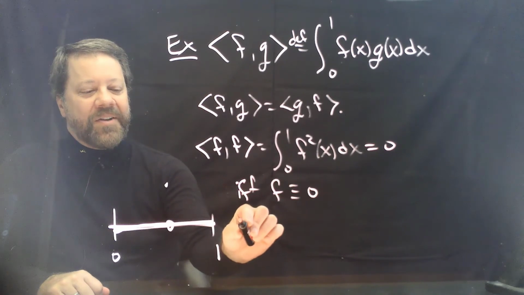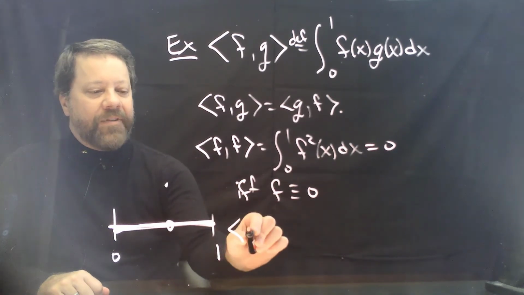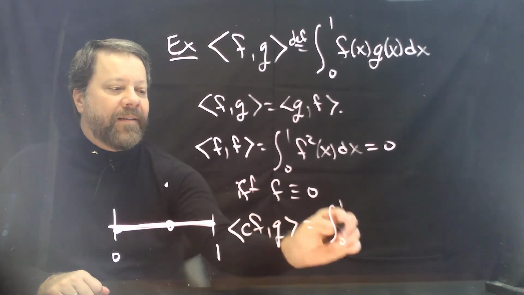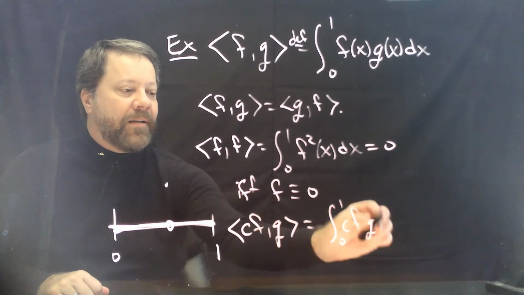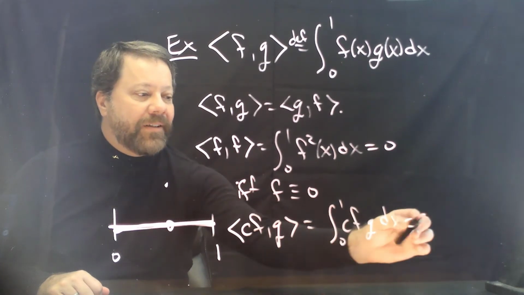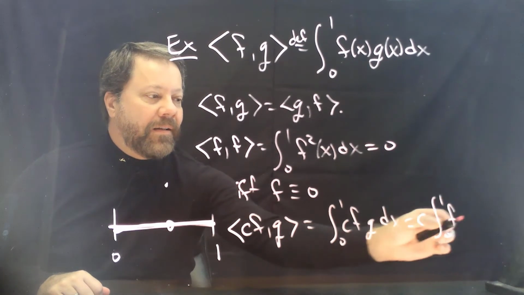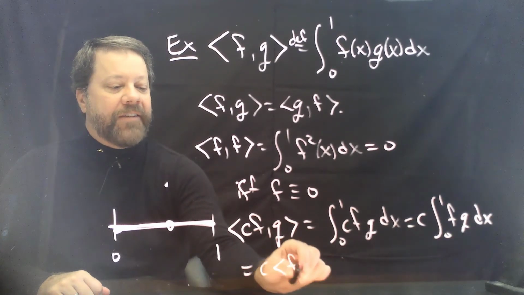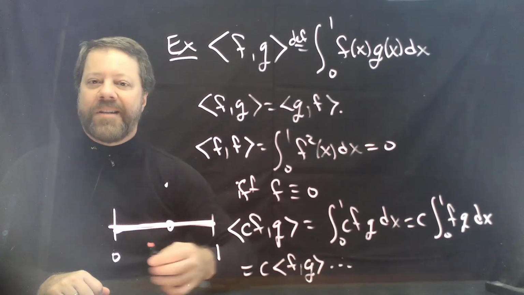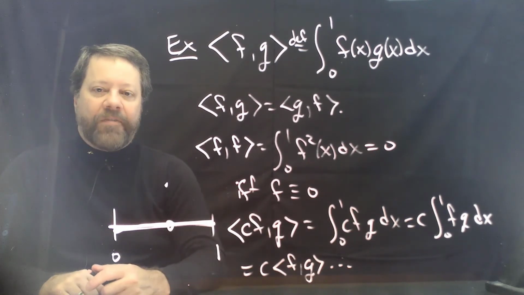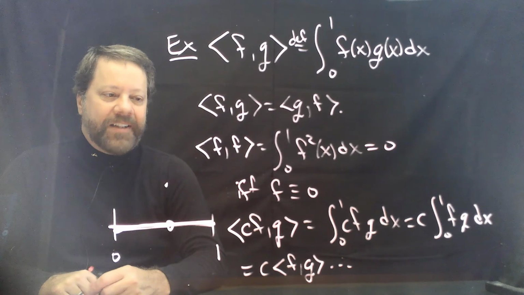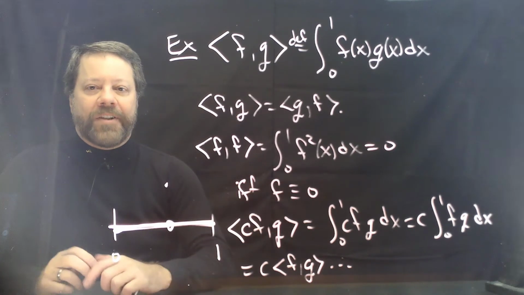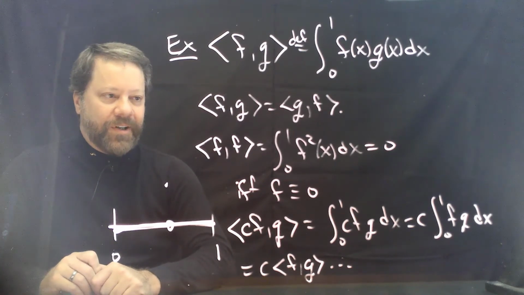Now, notice also that if you have a scalar times the inner product of f and g, the scalar will come out, giving you the scalar times the inner product of f and g, etc. It's easy to check. All of the properties of an inner product are satisfied, but you have to guarantee equivalence of functions that differ on no more than a set of measure 0.